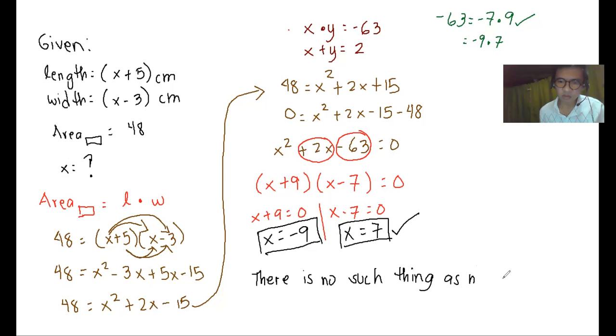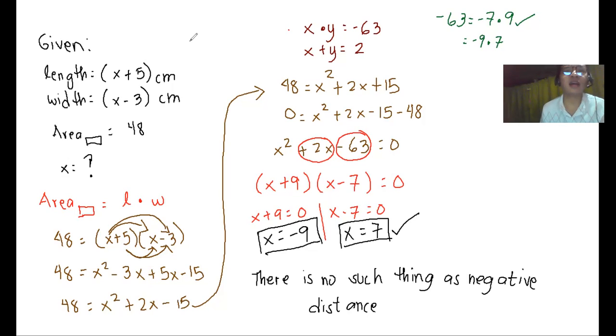So when we encounter problems in distance, like dimensions, we will consider positive answers, because in mathematics there is no such thing as negative distance.